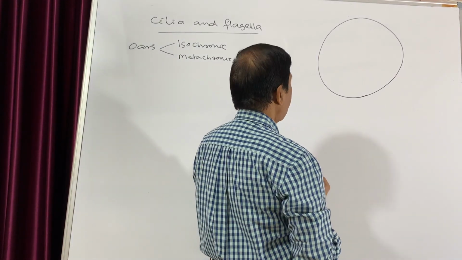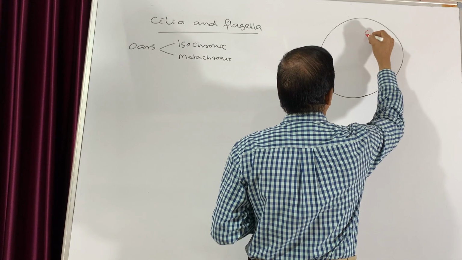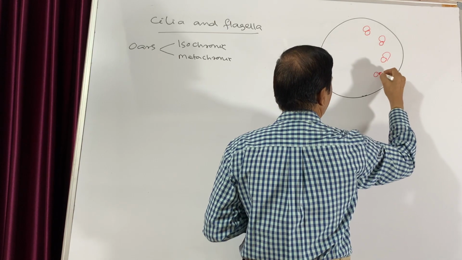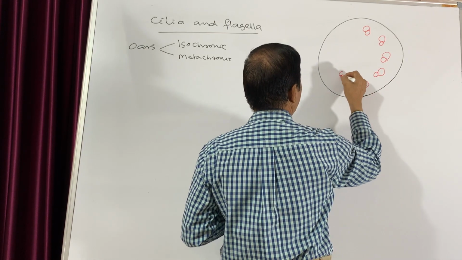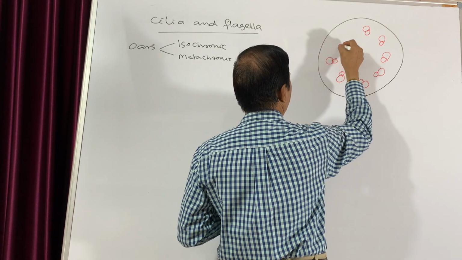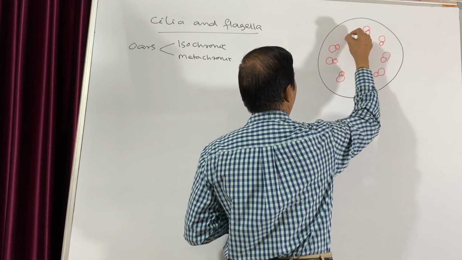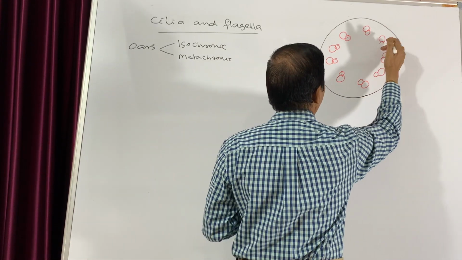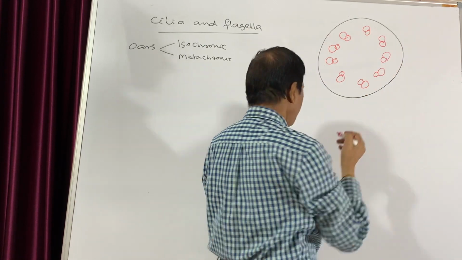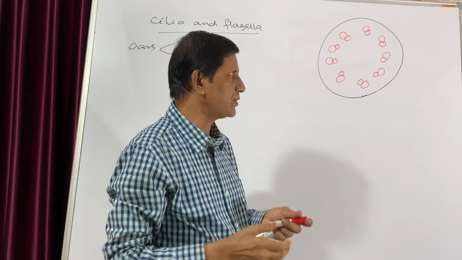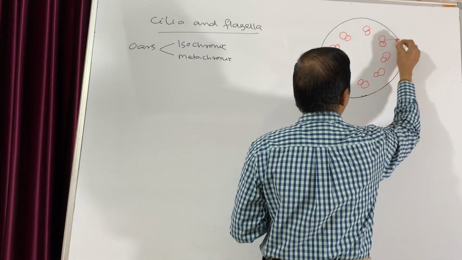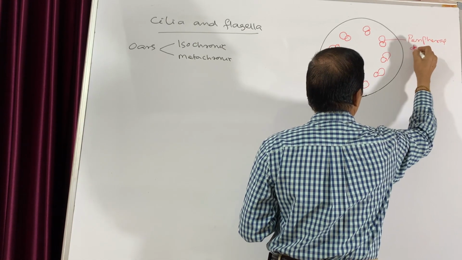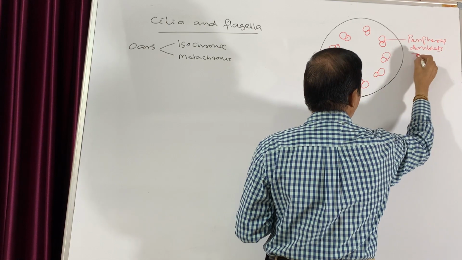There will be 9 peripheral ones, and these are known as peripheral doublets. These are made of the protein tubulin.